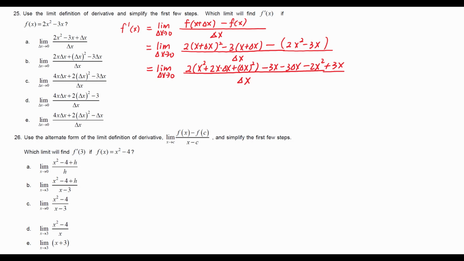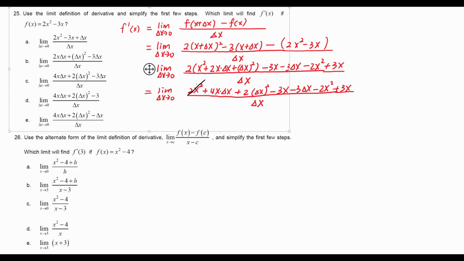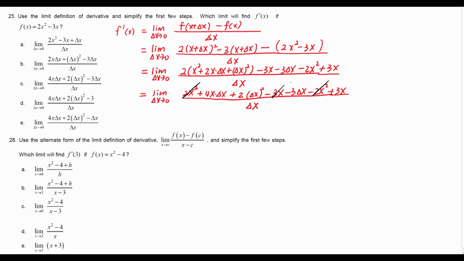So when you distribute 2, I will get 2x squared plus 4x delta x plus 2 delta x squared minus 3x minus 3 delta x minus 2x squared plus 3x over delta x. So then 2x squared minus 2x squared gone. Negative 3x plus 3x gone.